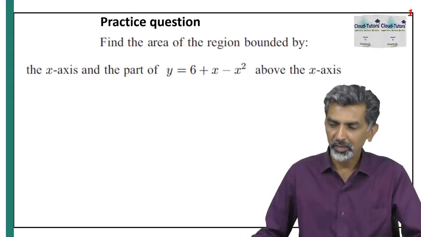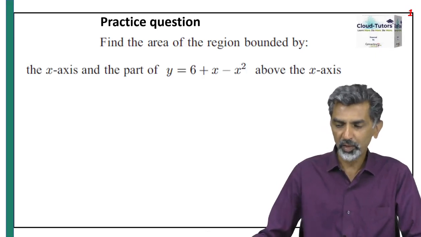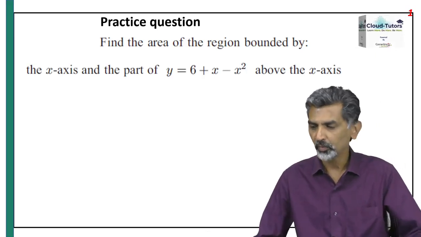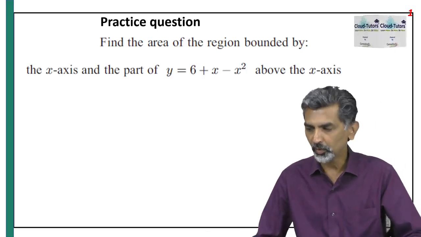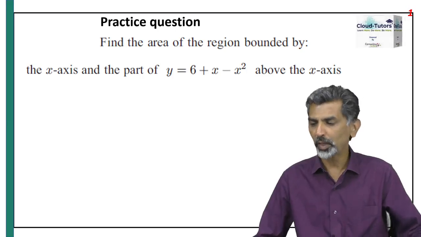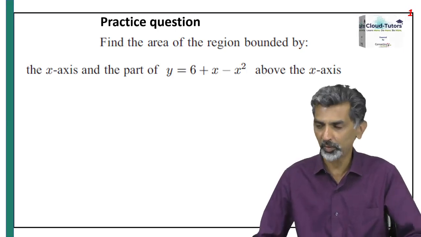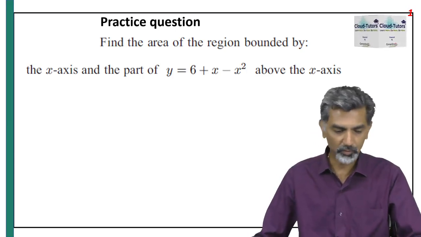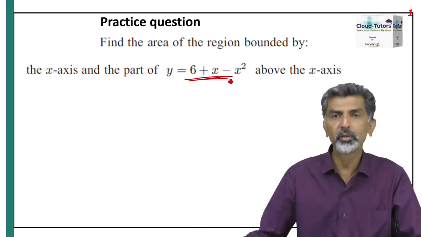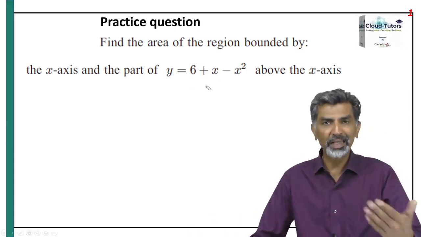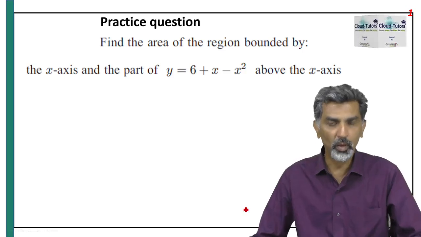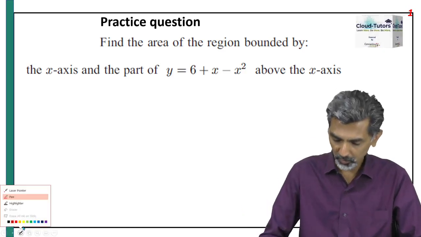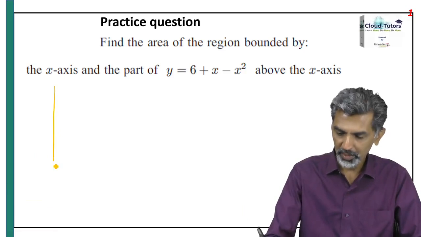Find the area of the region bounded by the x-axis and part of the curve y is equal to 6 plus x minus x square above the x-axis. Now clearly this is an inverted parabola and we need to find the area of the parabola which is above the x-axis. So a rough sketch once again will help.